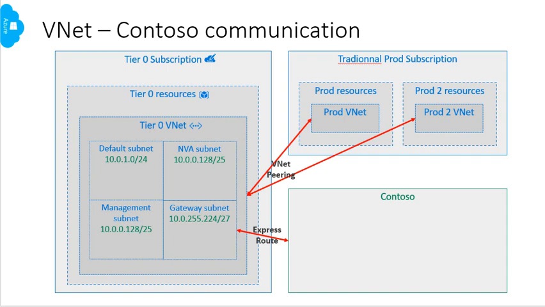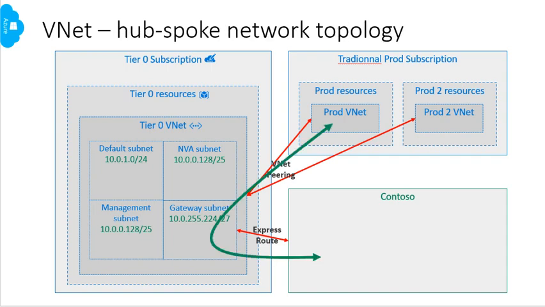This is how we divide them, but you can divide them the way you like. Then the relationship between my VNet and other subscriptions with VNets is via VNet peering. Also, I can have ExpressRoute between my gateway subnet and the on-premise.